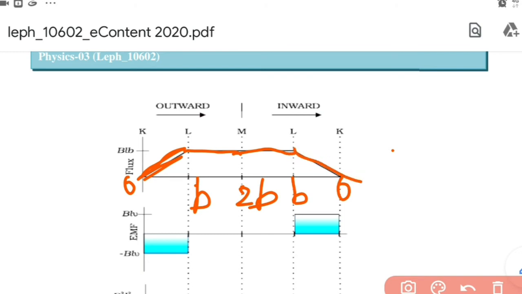In the forward motion it was a positive slope, meaning flux was increasing, and in the backward motion the flux is decreasing. So the slopes are different: positive in the first case and negative in the second. This is the graph showing the flux when the conductor is moved from x equal to 0 to 2b and backwards from 2b to 0.